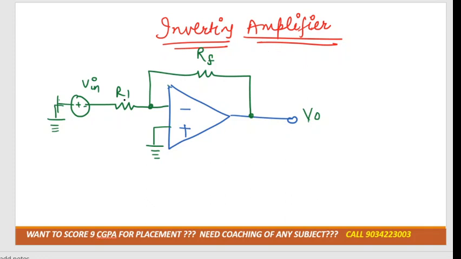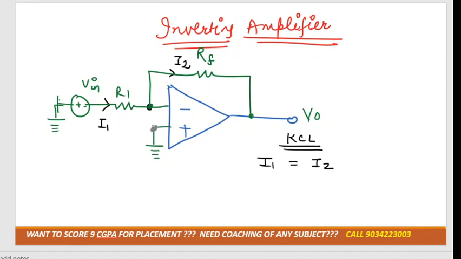Clear? So in this case, let us consider that the current I1 is flowing here and the current I2 is flowing here. If I apply Kirchhoff's current law, KCL, can I say that I1 is equal to I2? One thing we'll use more in the op-amp is the concept of virtual ground. What exactly is the virtual ground? Suppose here, as you can see, it is grounded, right?